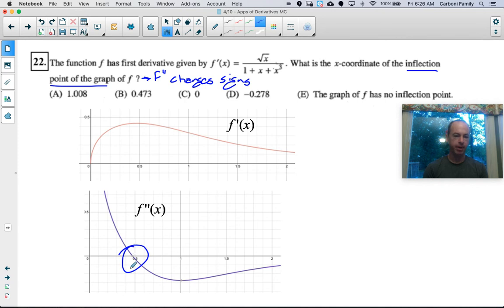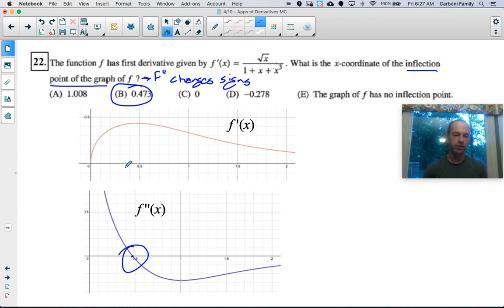And I didn't bother finding the actual x-intercept, because looking at these choices, 0.473 is the only one that makes sense. If E said none of these, then I would need to actually find it, because it could be that it's at 0.491, and that would not be the correct answer.